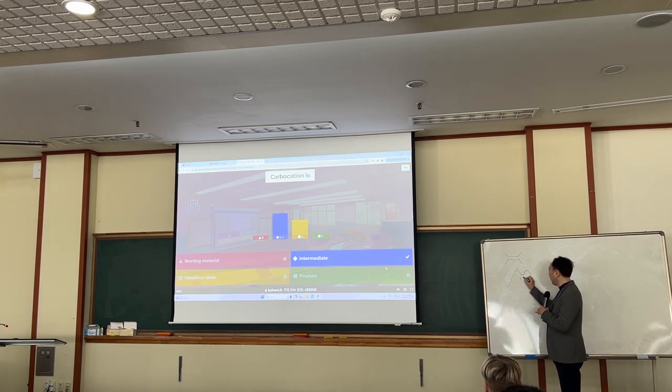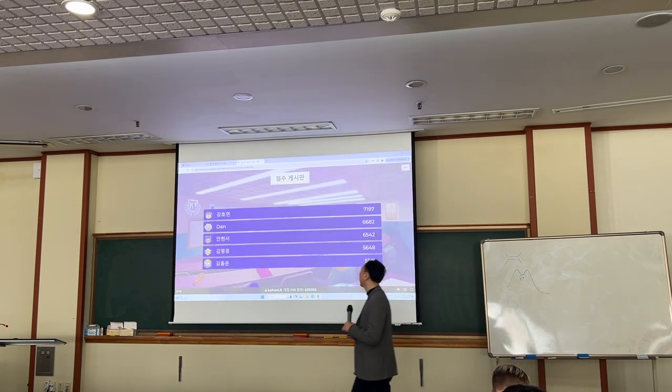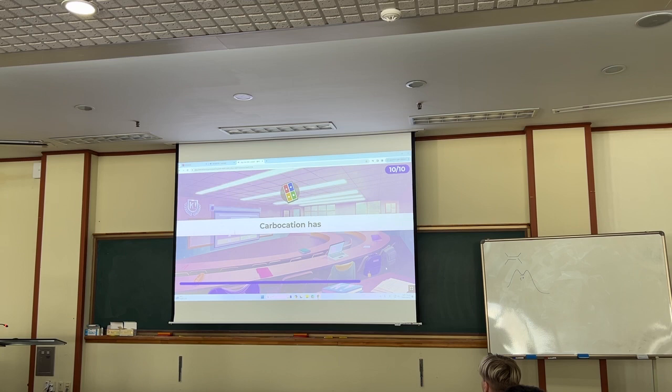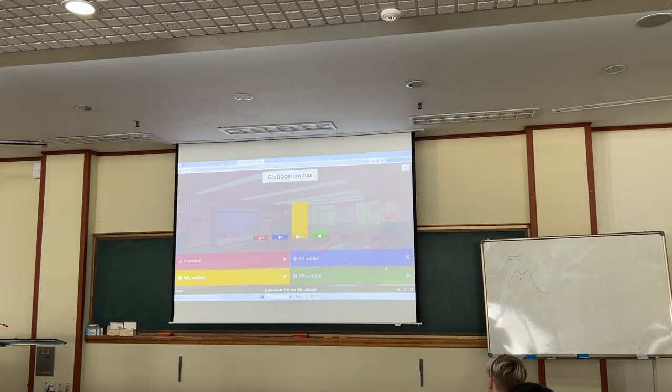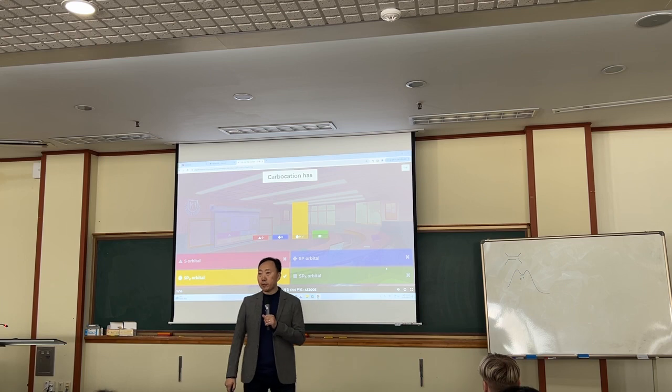This is carbocation, transition state, starting material, product. Carbocation has an sp2 structure.